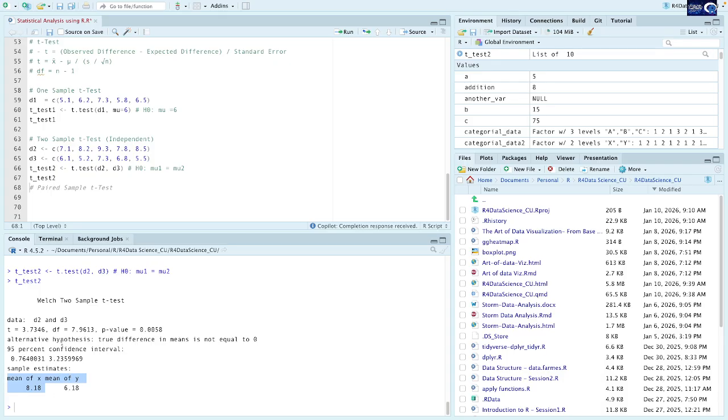And we also need to review the confidence interval. So the things we need to review: first, the p-value for sure, and then the sample estimates to understand which group is higher or lower. Then review the confidence interval to check the condition.